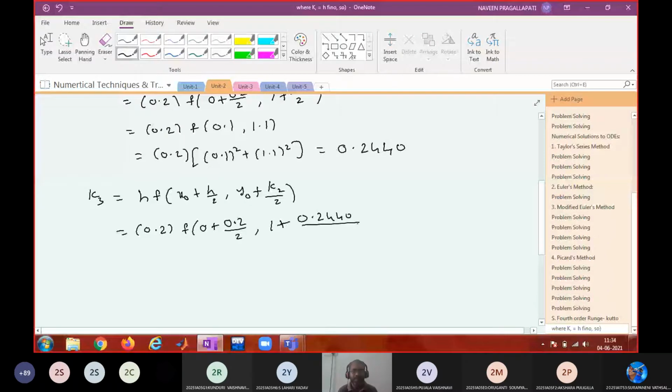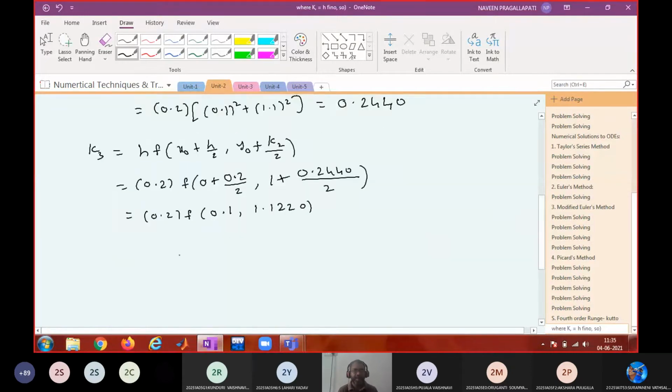So this is 0.2 into f of 0.1 comma 1.1220. Am I right? According to the definition of f, this is 0.1 whole square plus 1.1220 whole square. Compute K3.